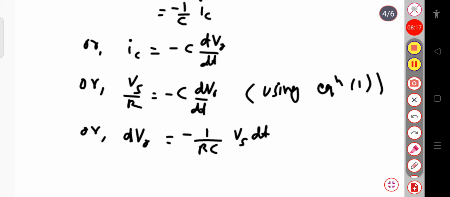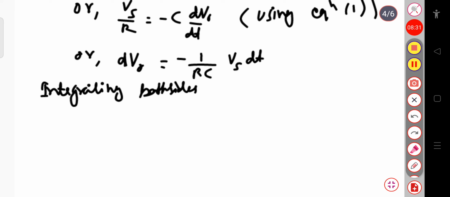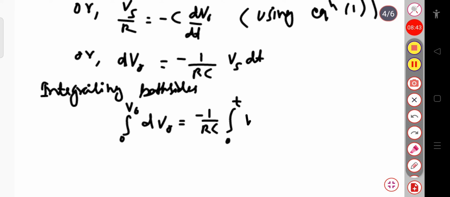Now integrating both sides, since this voltage varies from 0 to VO, the integral of dVO from 0 to VO is equal to minus 1 by RC times the integration over 0 to T of Vs dt.